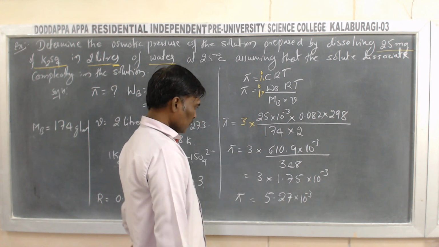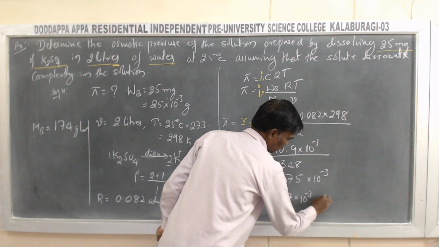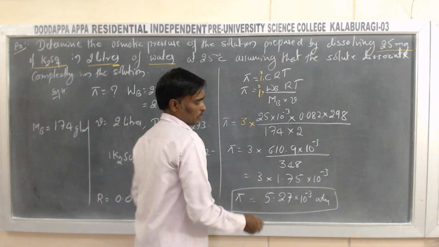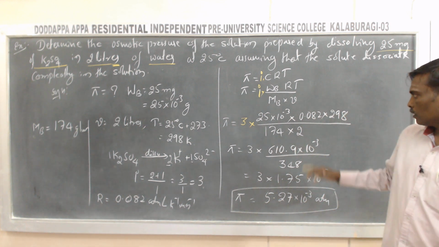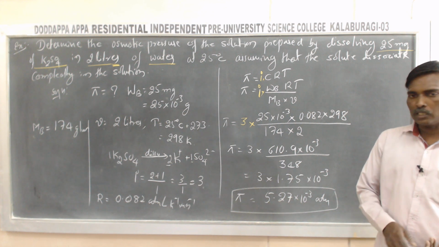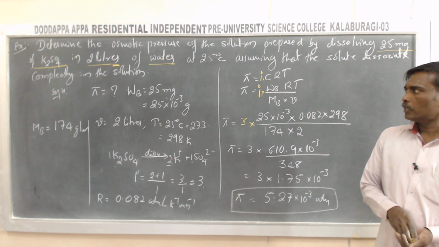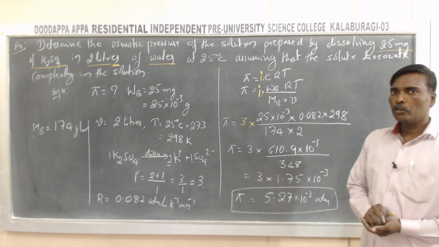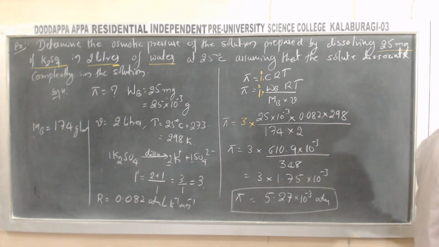That is the osmotic pressure, measured in the unit atm, atmosphere. Just use the calculator and check once again. So pi is equal to 5.27 into 10 raised to minus 3 atm. Like that we calculate the colligative property, osmotic pressure, for electrolytes by using the van't Hoff factor. This is straightforward, students.